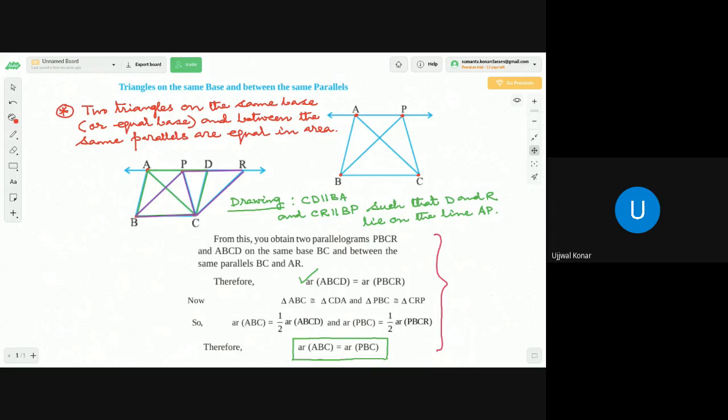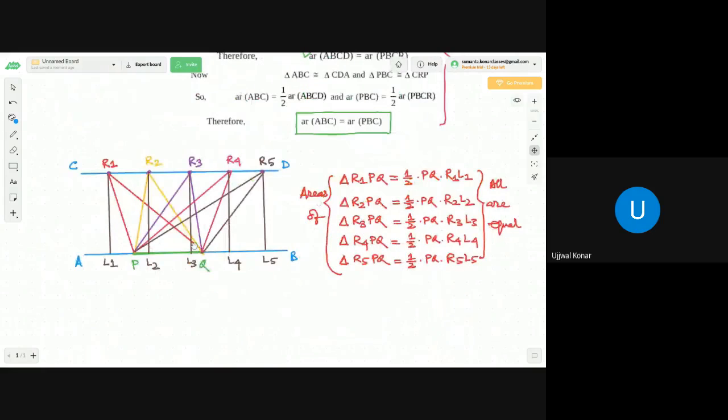Now let me focus on that equal base. You see, dear students, there is a statement called equal base that I have written here. What is meant by the equal base? Equal base means that maybe not all these triangles have the same base PQ.